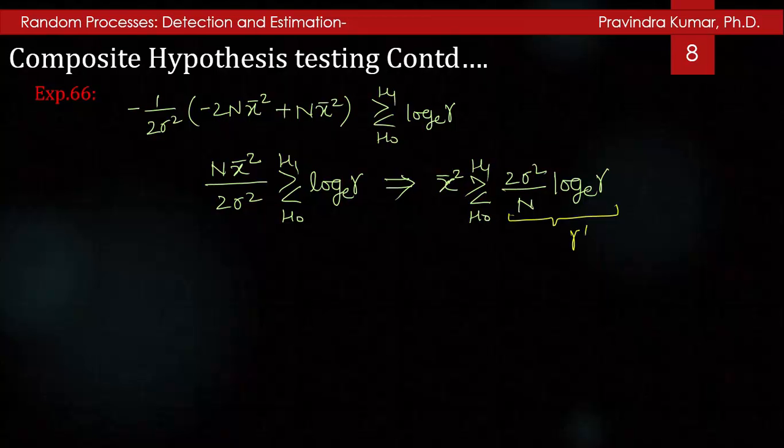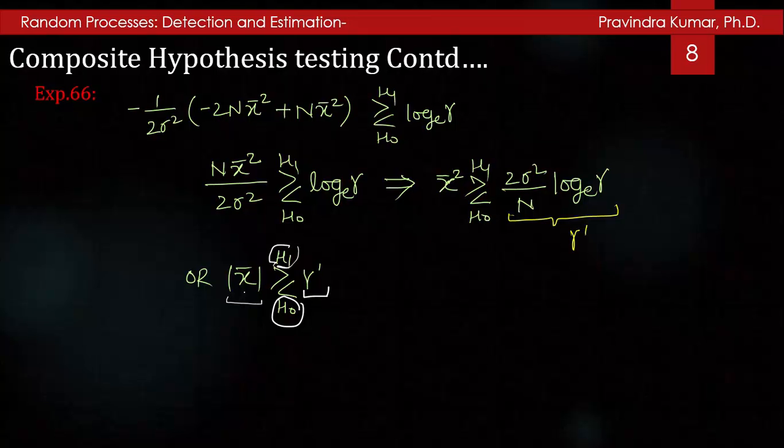And this is the new threshold value gamma dash. So from here you can conclude that the mode of the sample mean greater than or less than gamma dash means: when the mode of the sample mean is greater than the threshold value gamma dash, then we will decide H1, and when this value is less than the threshold value gamma dash, then we will decide H0.